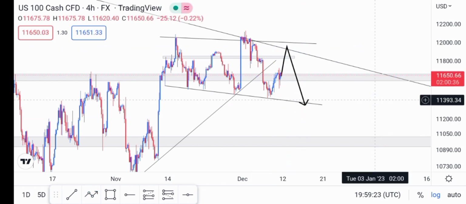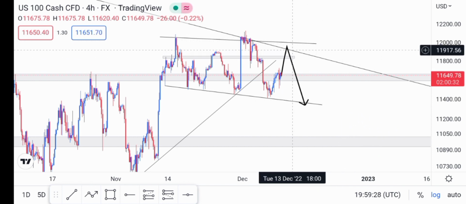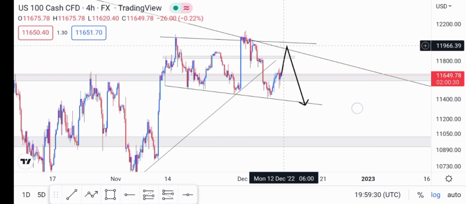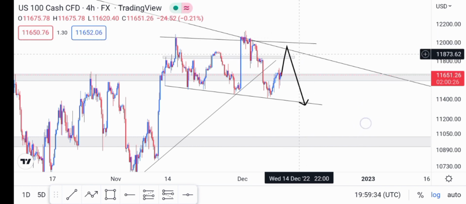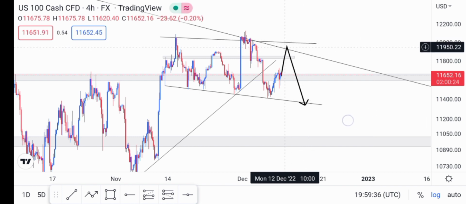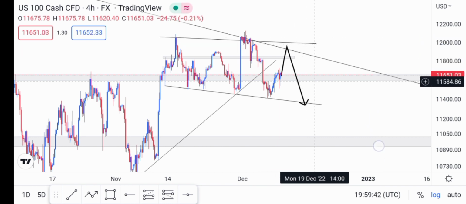So the moment you see another touch around this area here, don't wait for the market to reach this area here. The moment you see this touch right over here, we're going to anticipate a little bit of rejection and a push to the lower side.